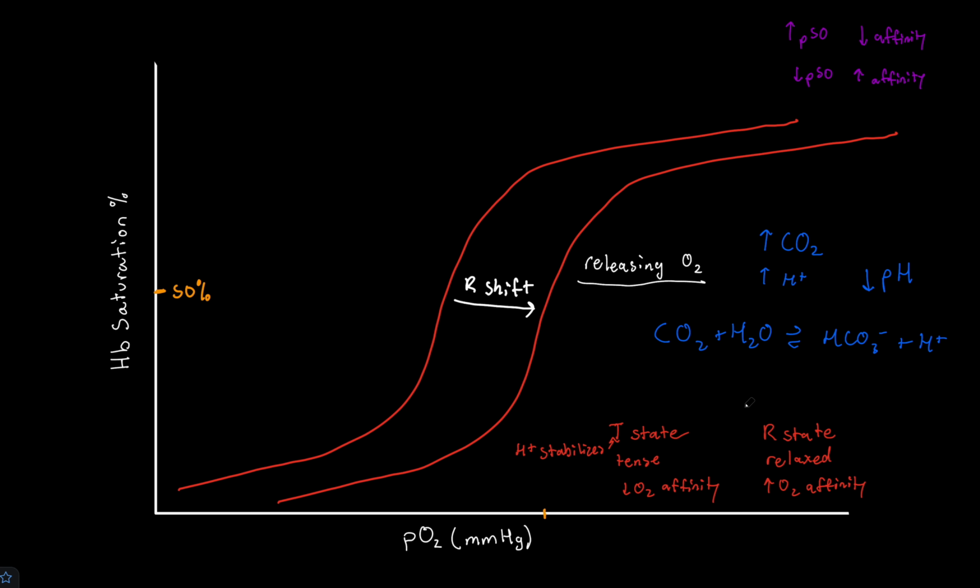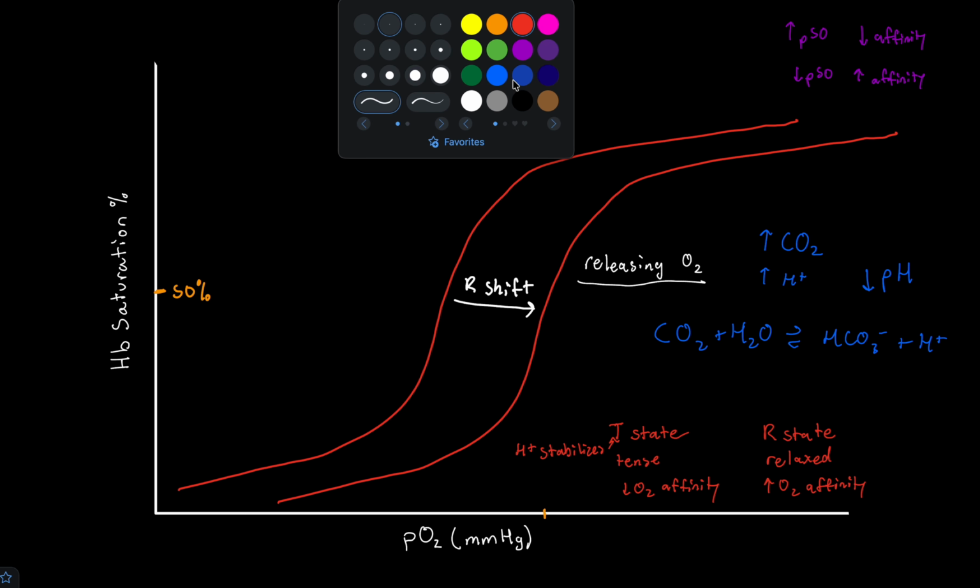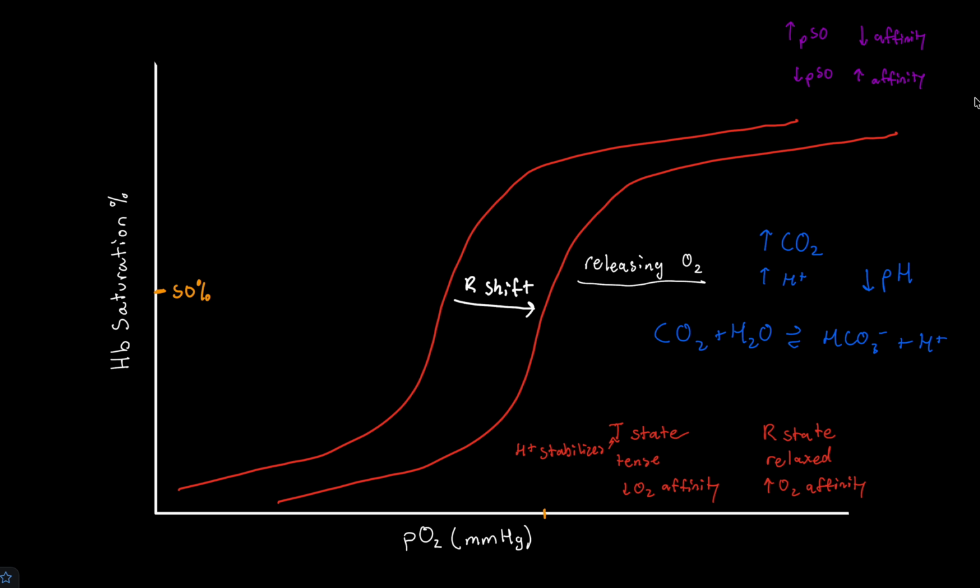Now, what about 2,3-BPG? So 2,3-BPG is another molecule that we have to know, and 2,3-BPG stands for 2,3-bisphosphoglycerate. If you're familiar with glycolysis, then this is something you might be familiar with.